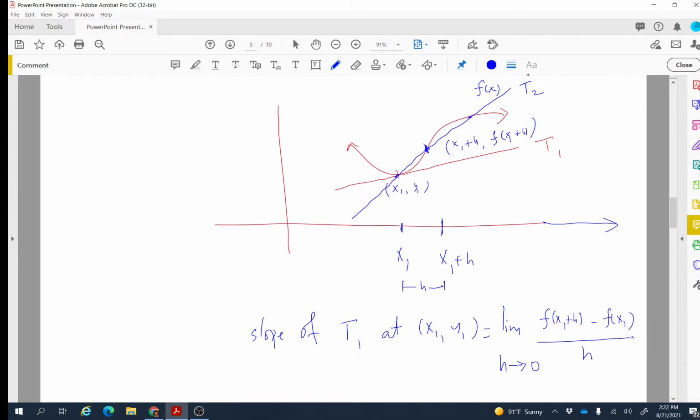Okay, so this helps us to find the slope of the tangent line. Instead of x1, y1, you can write it as x, y. So you can replace this with f of x plus h minus f of x, over h, when you take h approaching 0. This represents the slope of the tangent line at x1, y1.